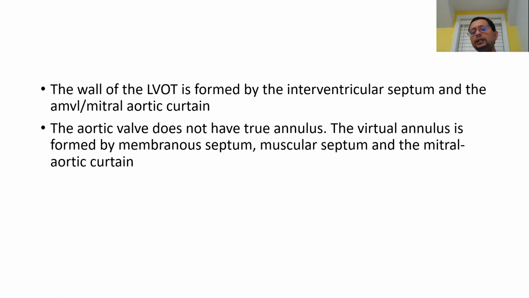The aortic valve has 3 leaflets, called the right coronary, left coronary, and non-coronary cusps. As opposed to the mitral valve, which has a real annulus, a fibrous tissue around it, the aortic valve does not have a true annulus. The annulus is actually formed by the membranous septum, the muscular septum, and also the mitral-aortic curtain. That is the difference between the aortic valve and the mitral valve.